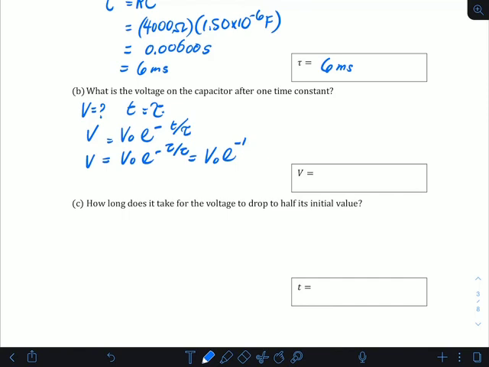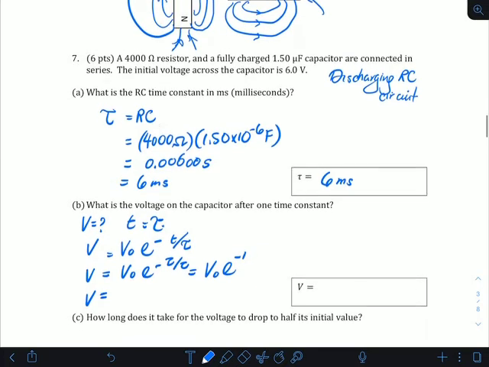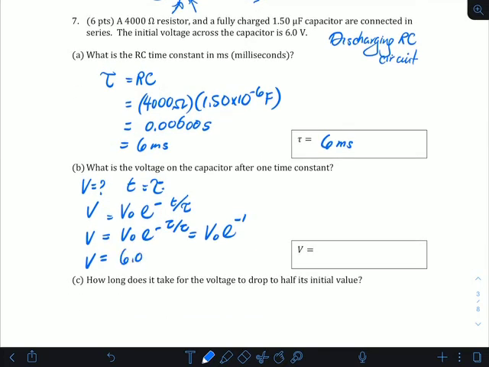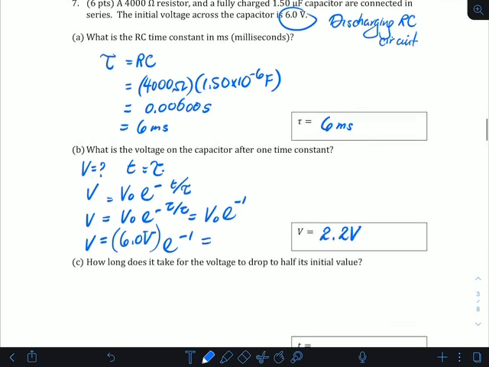So if we plug in our values, our initial voltage here is 6 volts. e to the minus 1 is going to be about a third of the original. So it's about 2.2 volts.